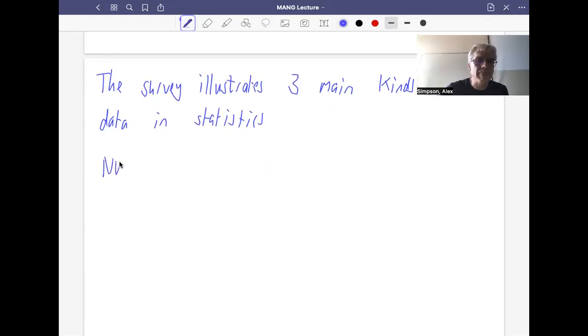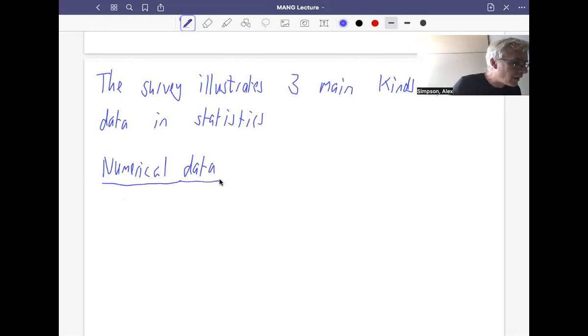numerical data. Numerical data is when the data is either a number, so it's either a real number or an integer.